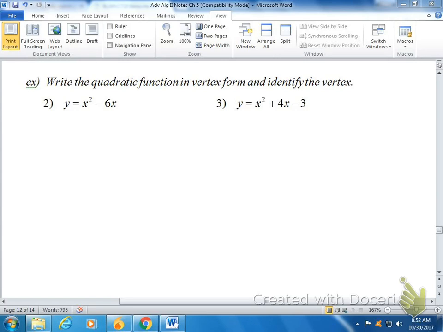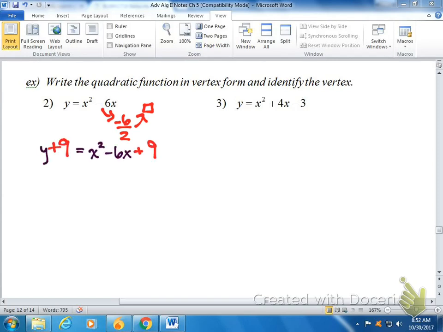So onto this side, we will only use those new rules if I have a leading coefficient that is not 1. Notice how in this example I do have a coefficient of 1. So I'm going to figure out, what is -6 divided by 2 and squared? Well, it's that 9 that we got from the previous one. So I'm going to add 9 to both sides.